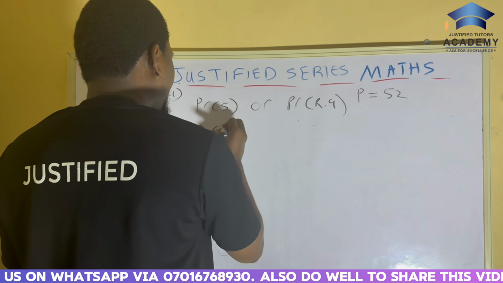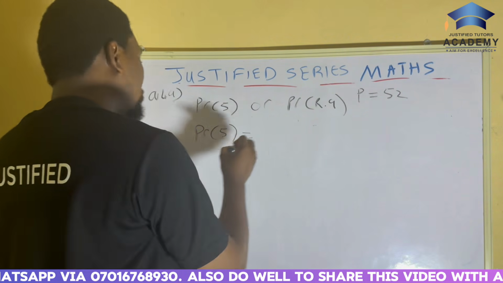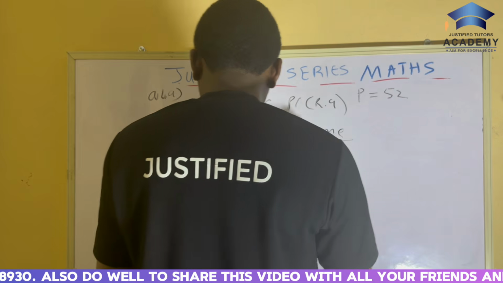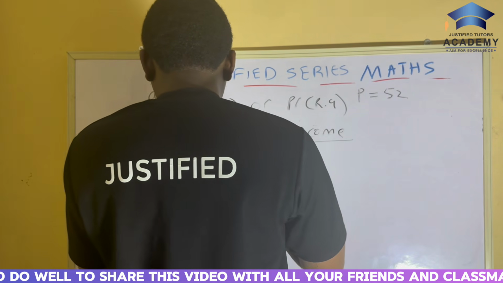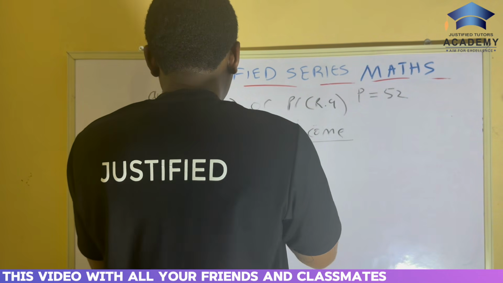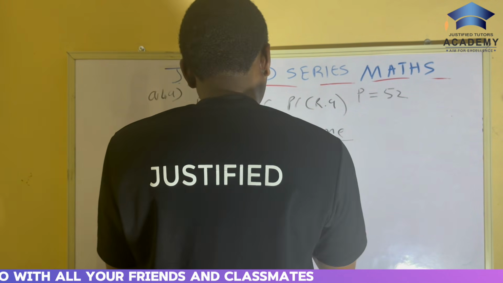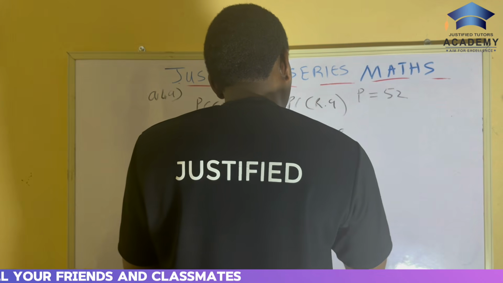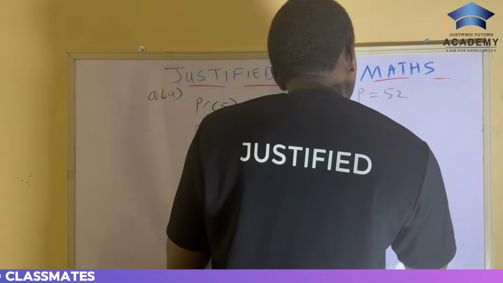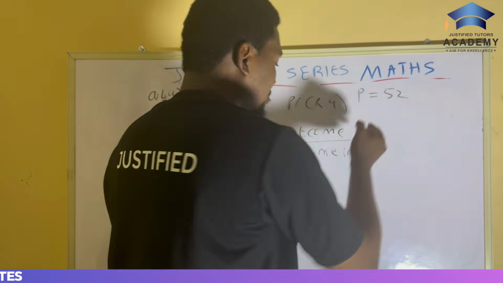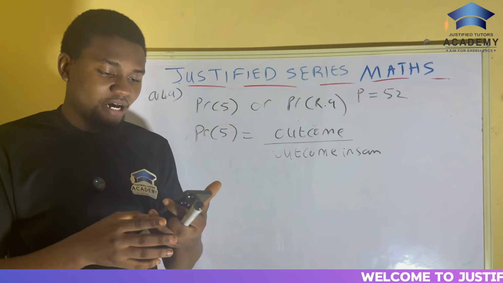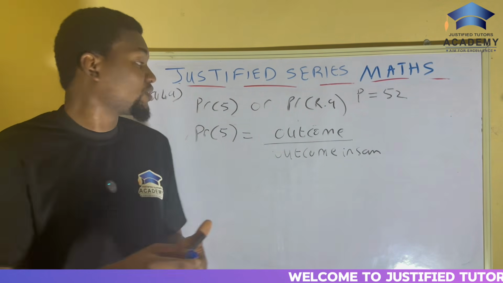Let me say the probability of 5 is equal to the outcome over the total number of outcomes in the sample. For me, I would just say over the total. It's as simple as that. This is the formula here, and I want you guys to take it down in your notes. Let me switch to my blue marker now.